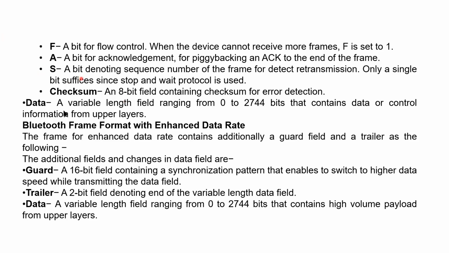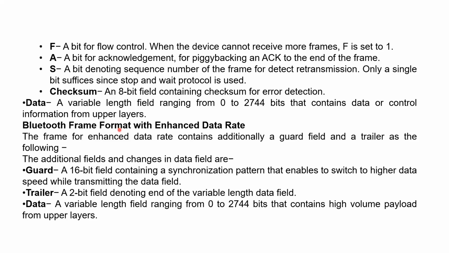Now, after this, we have data field, and here in the data field, we have a variable length starting from 0 to 2744 bits. So it contains the actual data. Now as you can see, there are two formats of frames. One is your basic Bluetooth frame format, which now we have discussed.